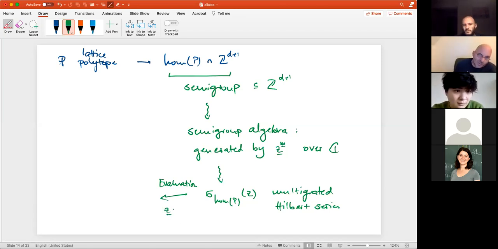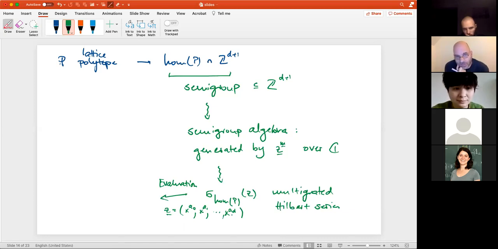In general, what you want to do is have a single variable. Maybe let's not call it z, but let's say x to some power a0, and the same x to some power a1, and so on, down to ad. My a is now an integer vector, and this gives what we would just call a Hilbert series, or a one variable Hilbert series.